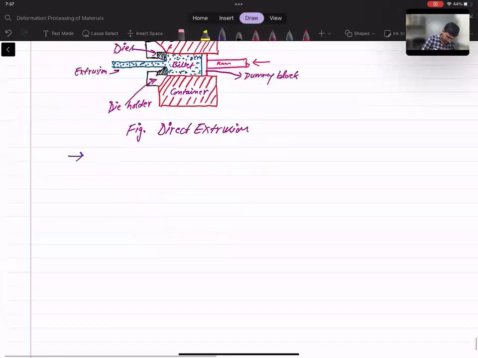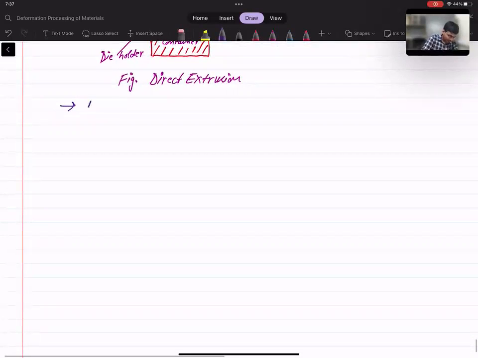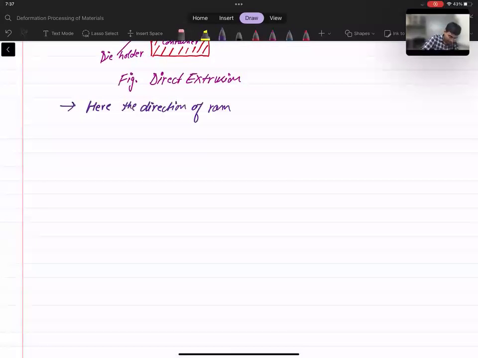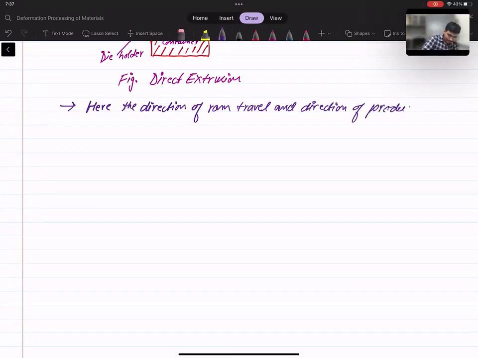So here the direction of ram travel and direction of product are same. Okay. So this is the direct extrusion process.